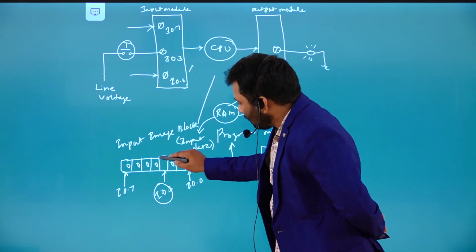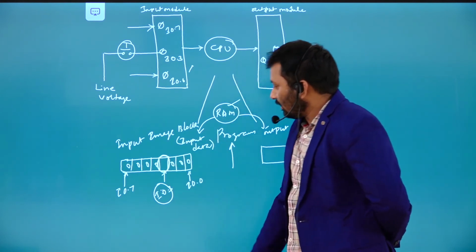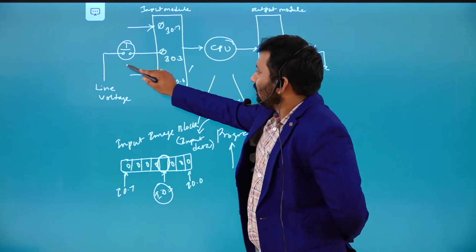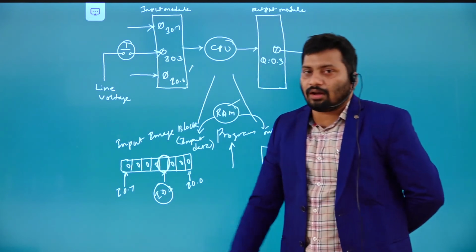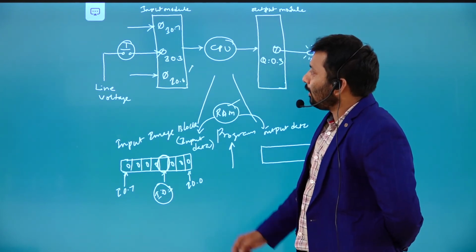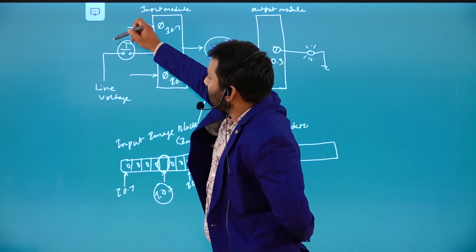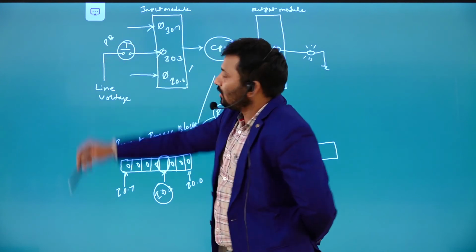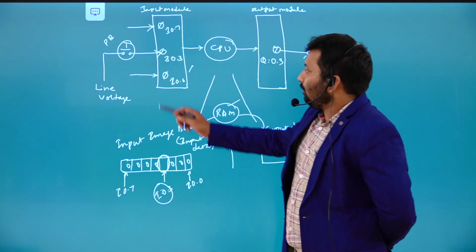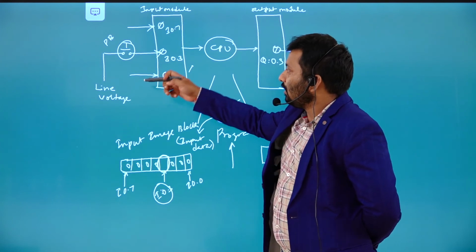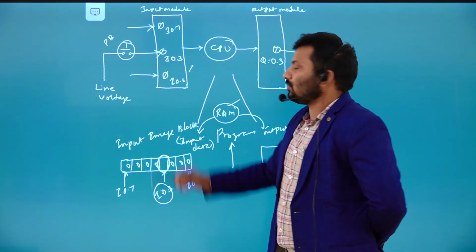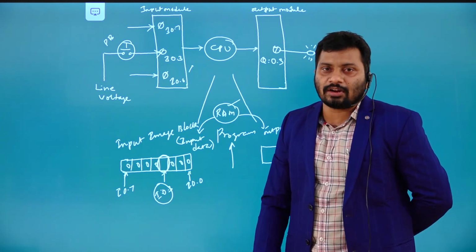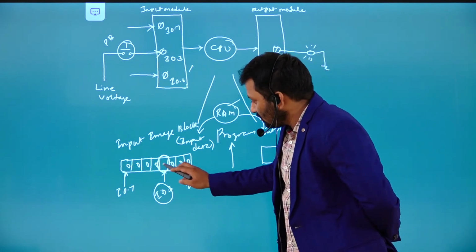So only one bit of data is going to be reflected, the input data at the fourth terminal of the input module, depending upon the position of this particular push button. If it is a normally open push button and you don't press it, then the input data at this terminal is 0 only.